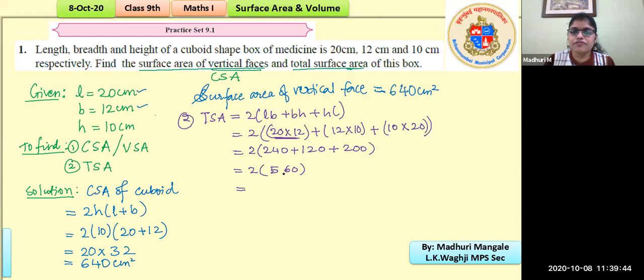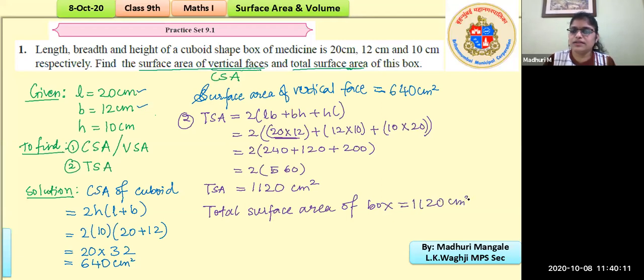So twice of 560, that would be equal to how much? 1120, right? And the unit will be centimeter squared. So that's how we got the TSA or the total surface area of the box. That is equal to 1120 centimeters square.